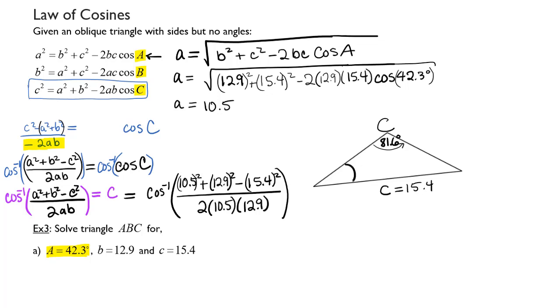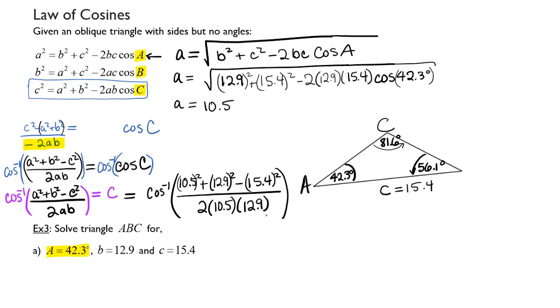From here, we can find any of our other sides and angles. I'll go ahead and fill in what I know so far. I know that A is 42.3 degrees. I know that angle C is 81.6 degrees, and so using 180 minus A minus C, I get 56.1 degrees for the other angle.